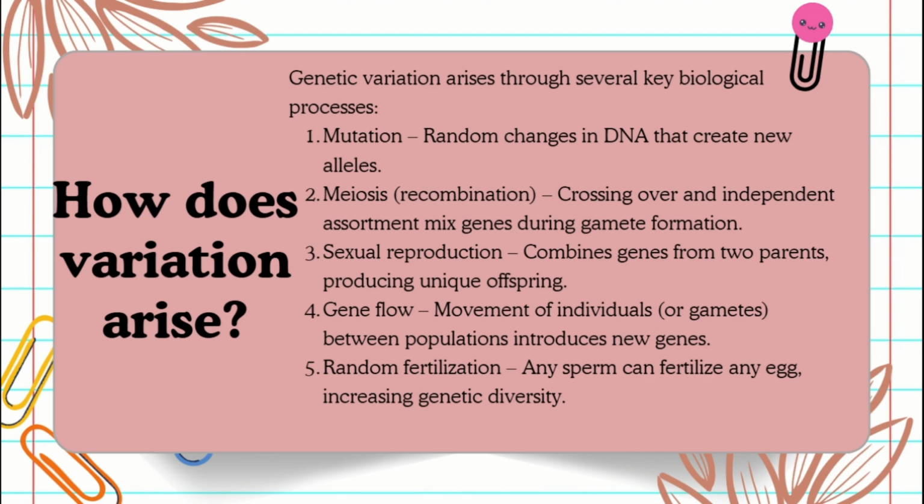and they can create new alleles. Then we have meiosis, and we know that meiosis only happens in sexually reproducing organisms, right? Just like how in cell division we say that mitosis happens in somatic cells, meiosis only happens in sex cells basically, and there are two important processes within meiosis that allow for this variation, and that is crossing over.